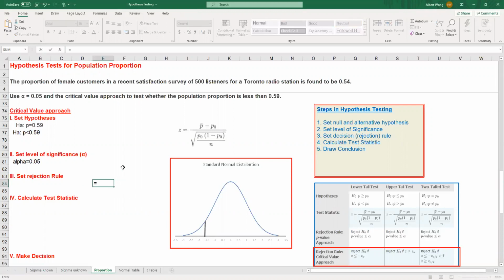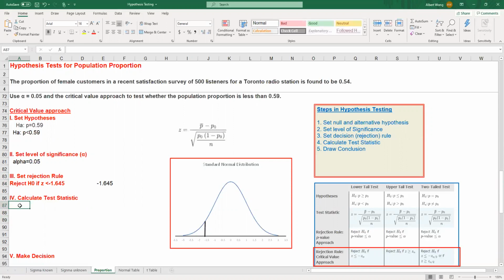We do norm.inv, right, 0.05, because this is 0.05, and you find the value, so you don't have to do anything. 0, 1. That's it, and that number should be negative 1.645. So we say reject H0 if Z, which is the test statistic, is less than negative 1.645.